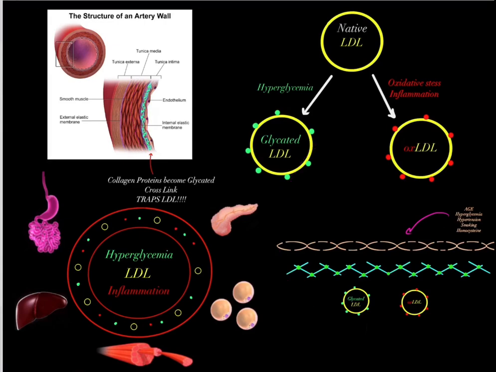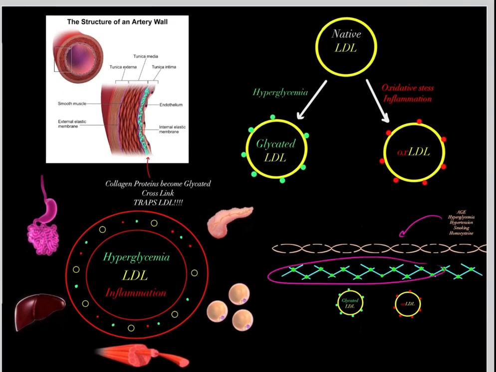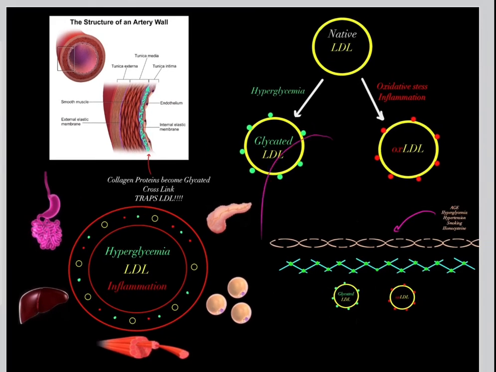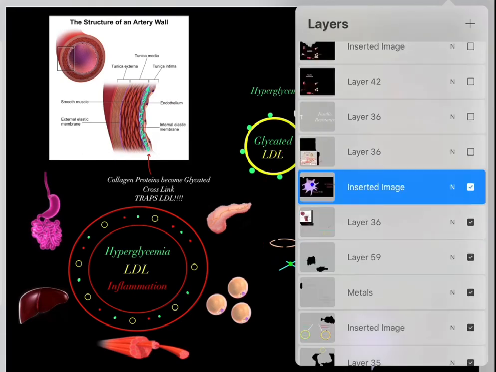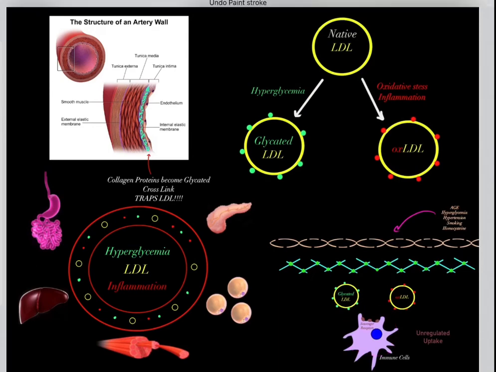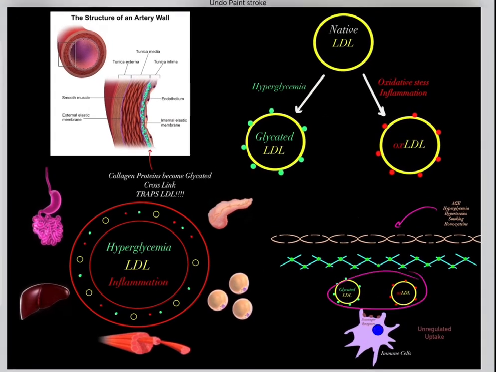Also what happens is hyperglycemia cross-links these collagen molecules. So these collagen molecules become glycated, which cross-links them, and this traps these LDL particles. So now we have these LDL particles hanging out past the intima in our blood vessels. There, these immune cells run into and take up these LDL particles.